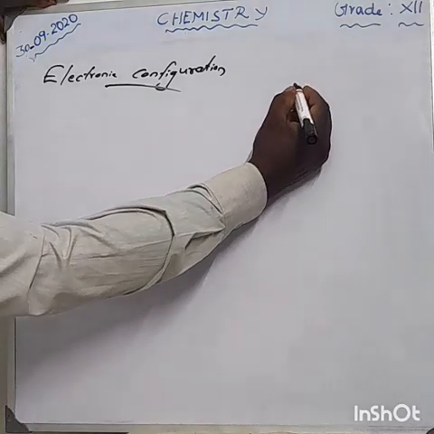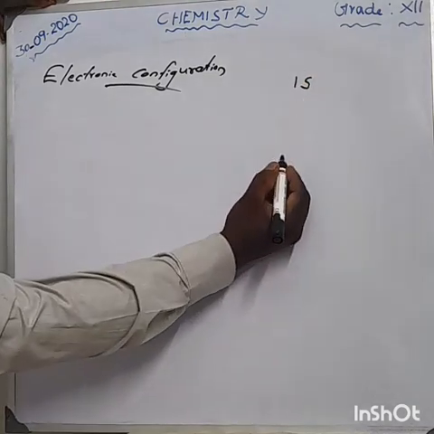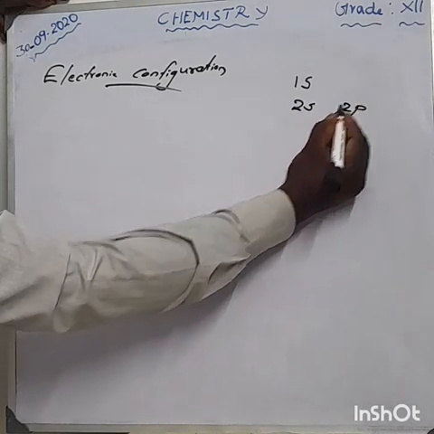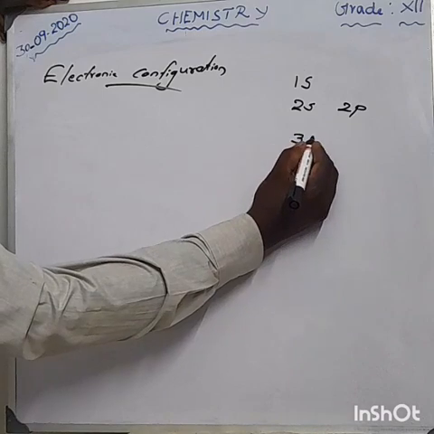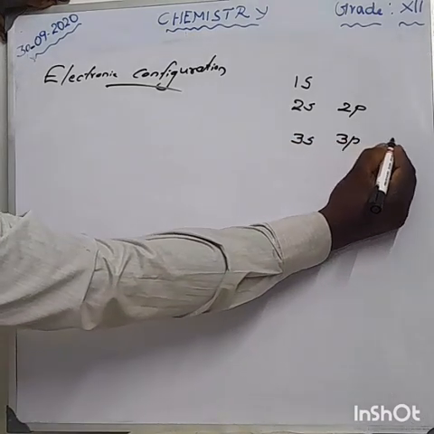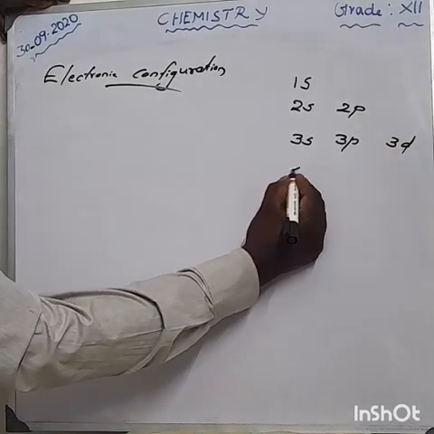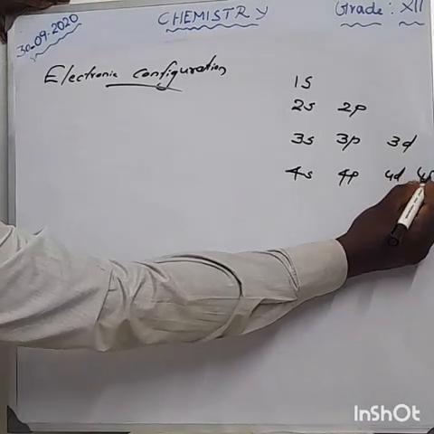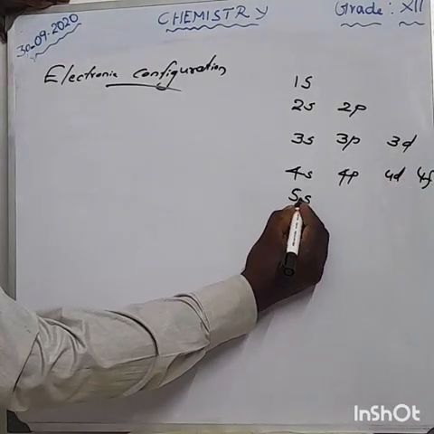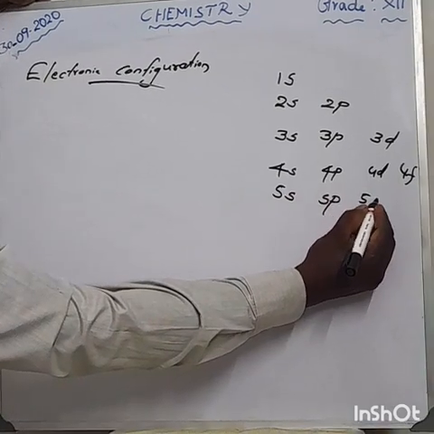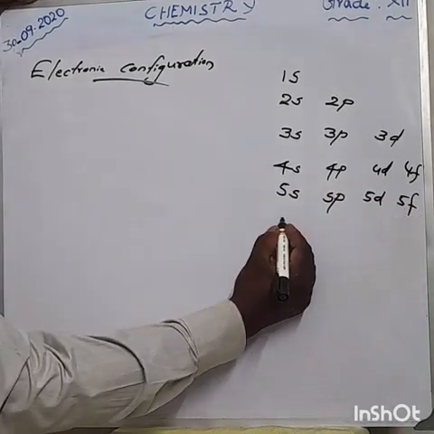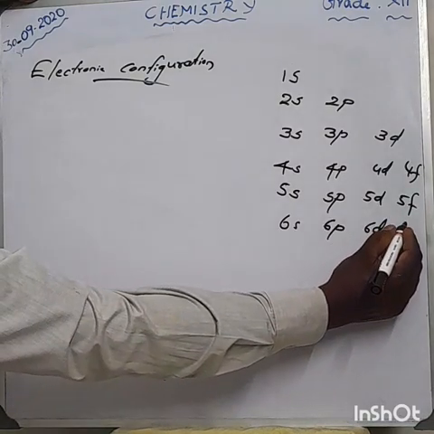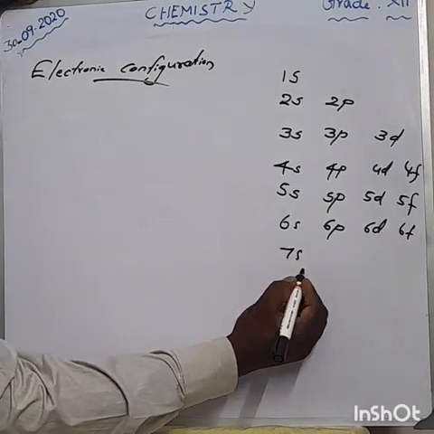We start with 1s, next 2s, 2p, next 3s, 3p, 3d, next 4s, 4p, 4d, 4f, 5s, 5p, 5d, 5f, 6s, 6p, 6d, 6f, 7s, etc.